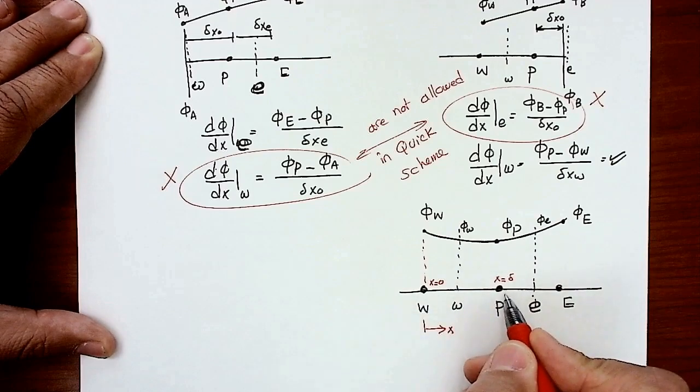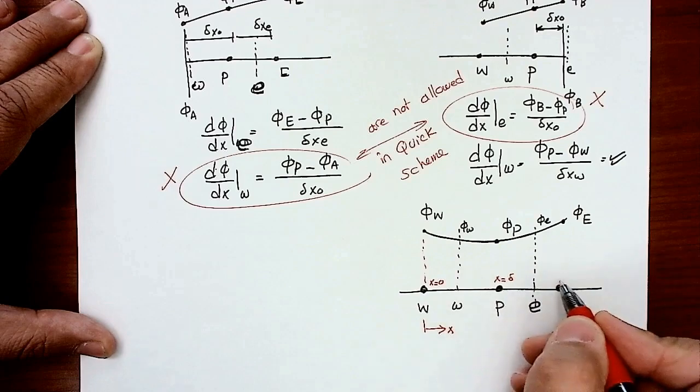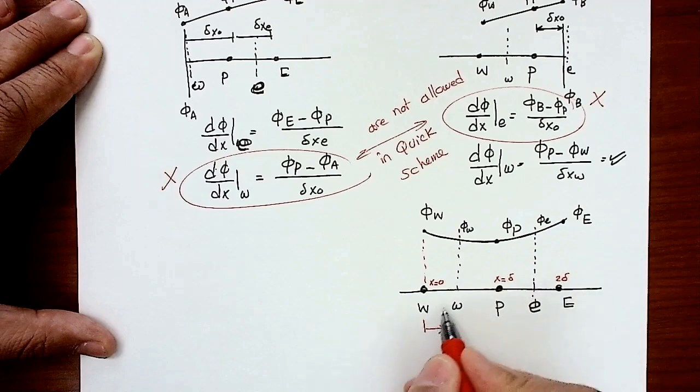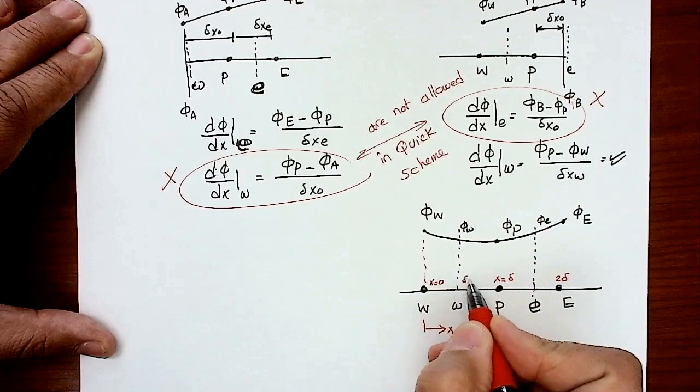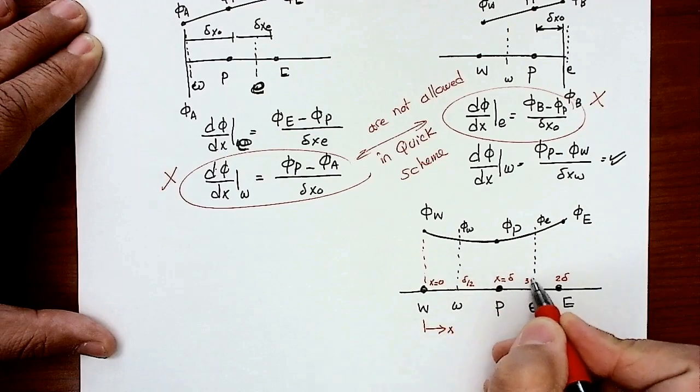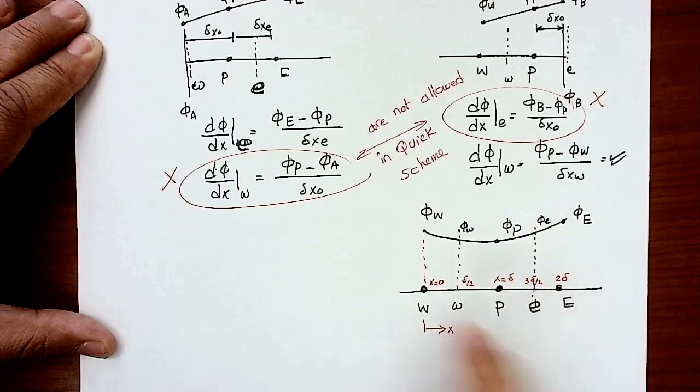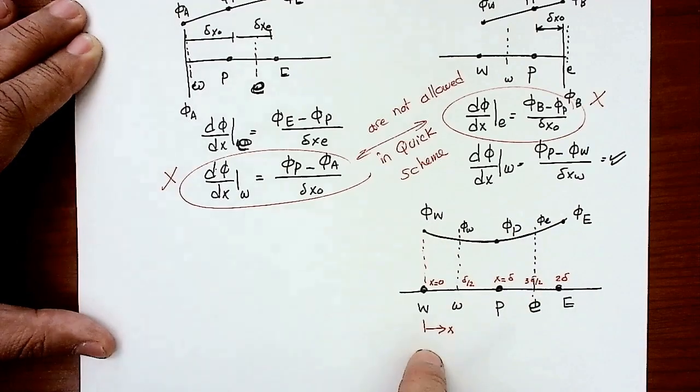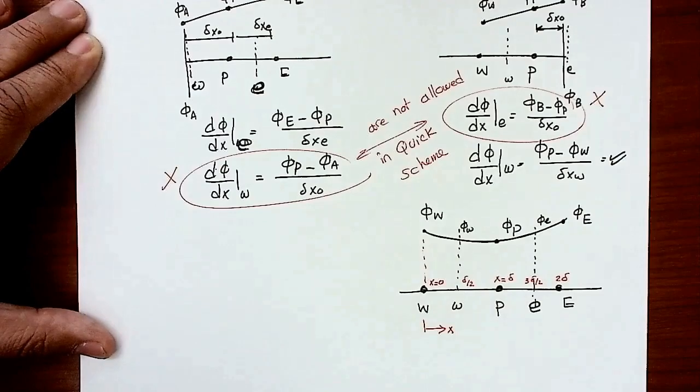Then this is also another delta, so that's now 2 delta. And this location here is delta over 2, and this is 3 delta over 2. I'm just putting the x coordinate for each point from that reference coordinate system axis here.